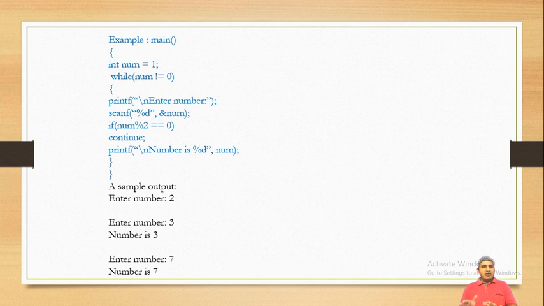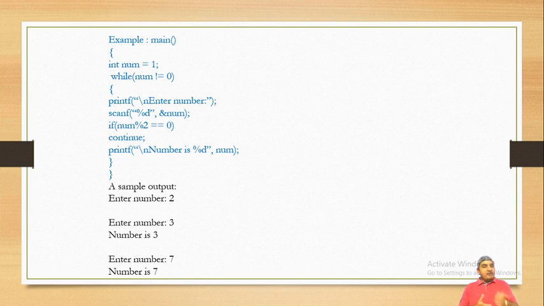If we enter number 3 by using the scanf function, 3 divided by 2 gives remainder 1. Now the condition number divided by 2 with remainder 0 is false, so we continue, and the number 3 is displayed on the screen.